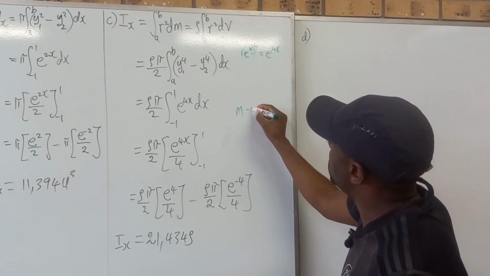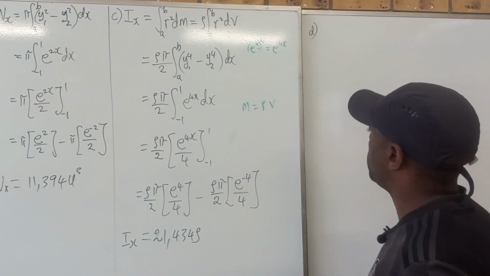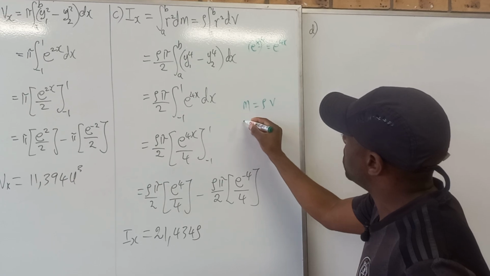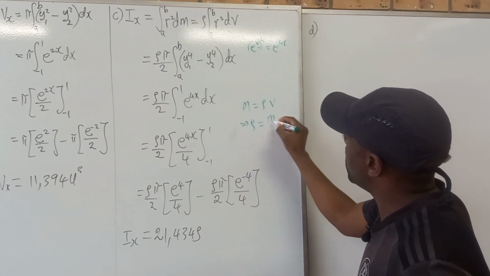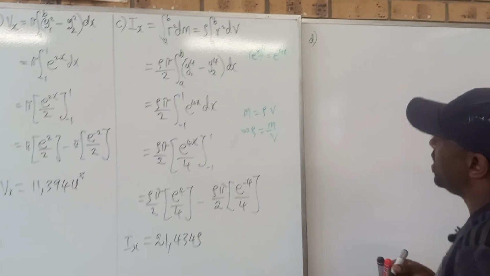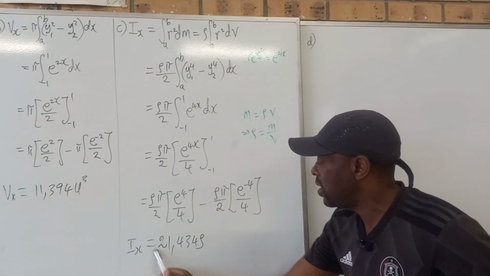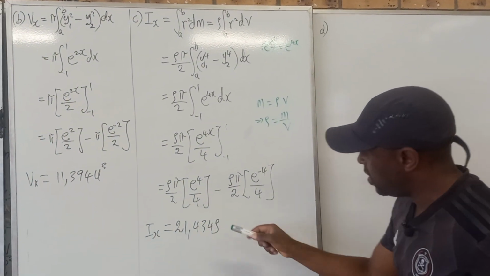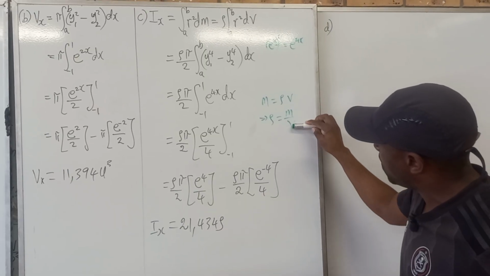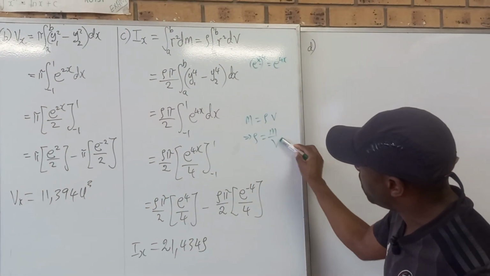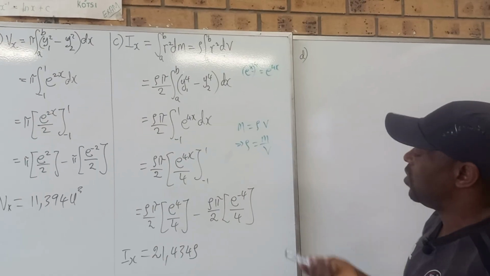So for N6 students, you see that relationship on page 5 of your formula sheet, which tells you that your density is mass over volume. And that reminds me that to write this answer in terms of the mass, density should be replaced by mass over volume, reminding us that we are dividing by the volume, then multiply by the mass.